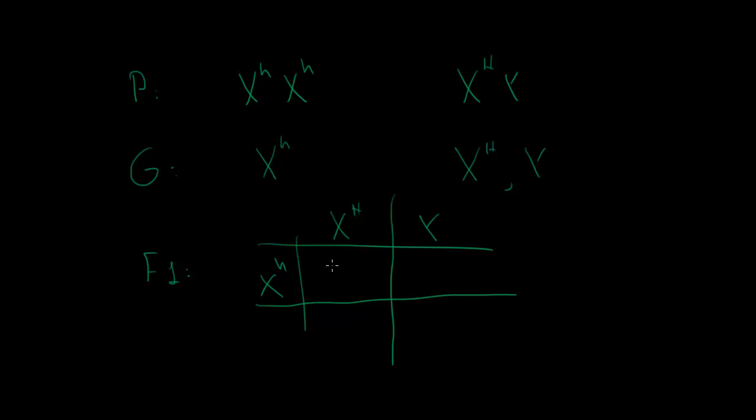So you can see here, XH Xh, that the dominant allele from the father is given only to her daughter. So it means that all of the daughters that this couple will have will be healthy, but because of this allele from the mother, all the boys will suffer from hemophilia. So usually in sex-linked diseases that have to do with the X chromosome, boys are most susceptible because they only have one copy.